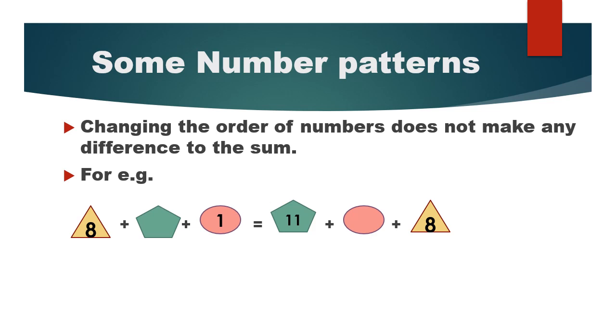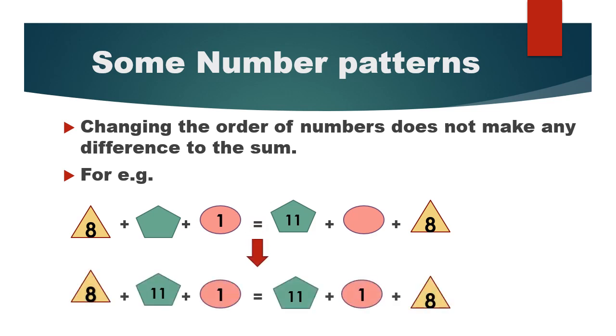Now, what the rule says is, if you change the order of the numbers, it does not make any difference to the sum. So, now observe it. 8 plus 11 plus 1 is equal to 20.